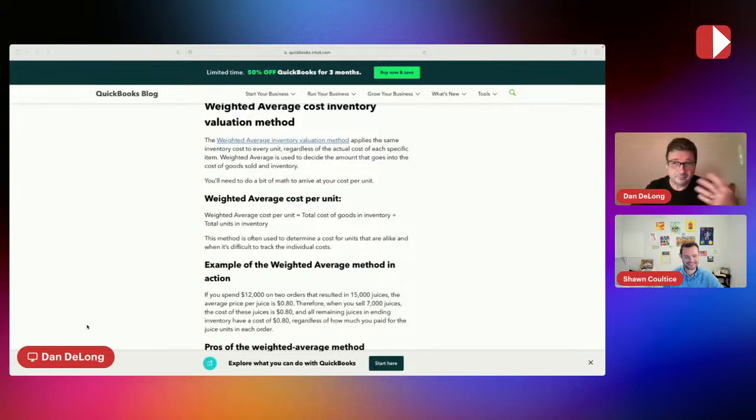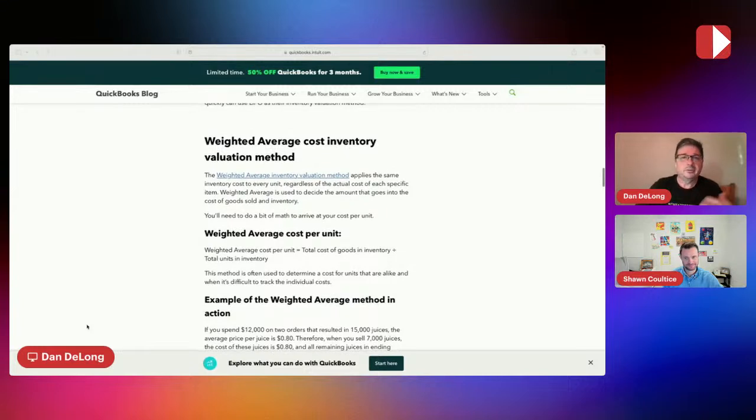And then there are some compliance issues, because first in, first out is going to be a little slower in recognizing higher costs on the cost of goods sold, whereas weighted average is going to have those costs be a little bit higher.